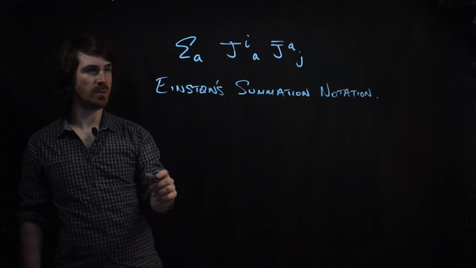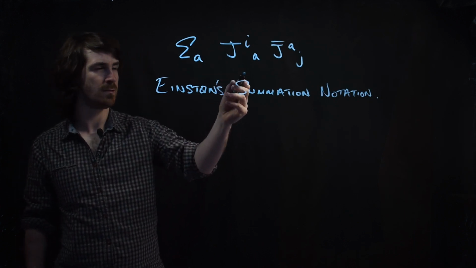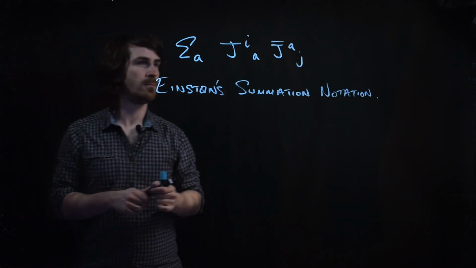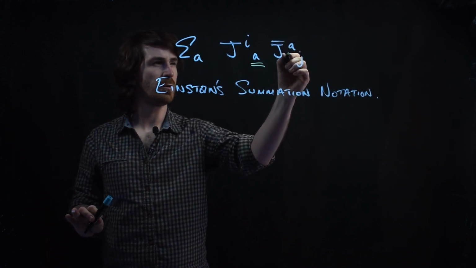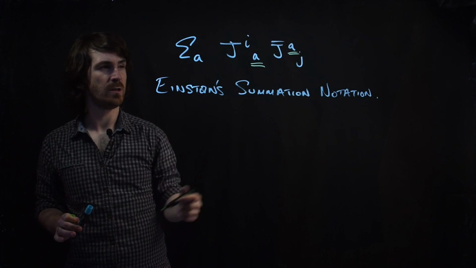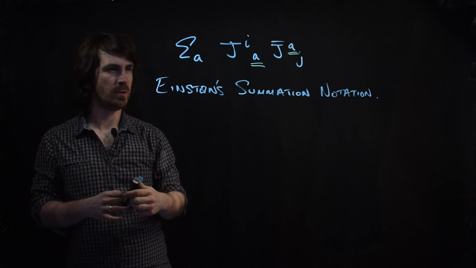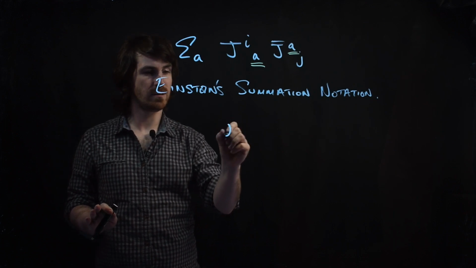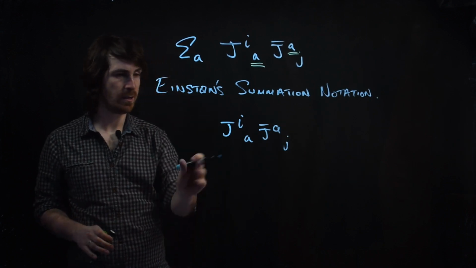In the summation notation, basically we drop the sum, and for any index that occurs exactly twice, so for instance here the index a is appearing twice, one downstairs and one upstairs, that implies a sum over that index, and we don't have to write the sum. So we can just as happily write this expression as J i a, J bar a j. Here the sum is implied.